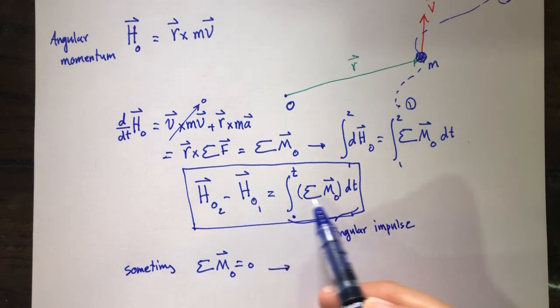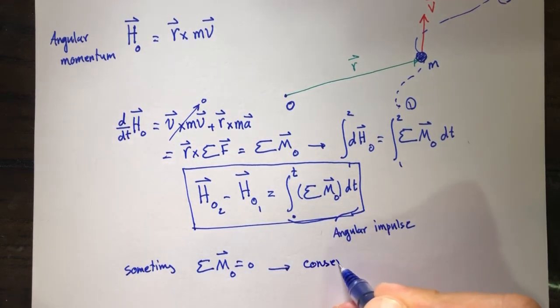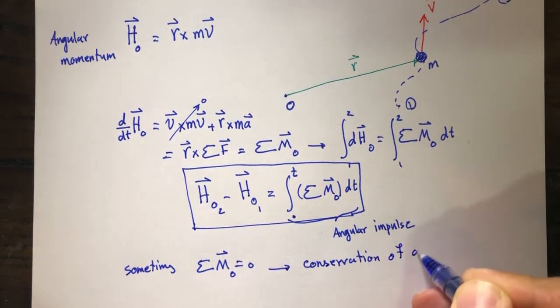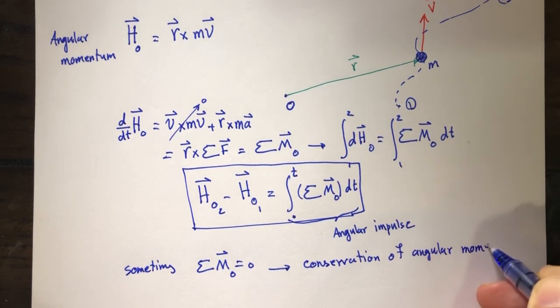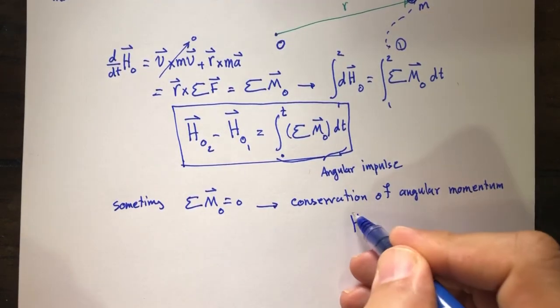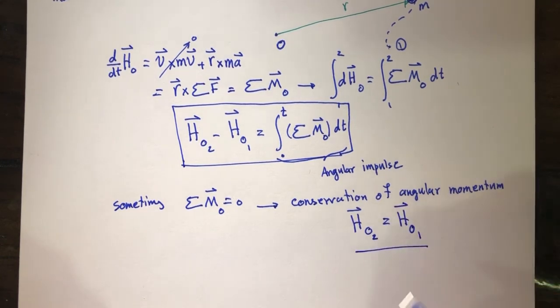HO2 minus HO1 is going to be equal to 0. Or HO2 is equal to HO1, which we are going to see some examples for this case.